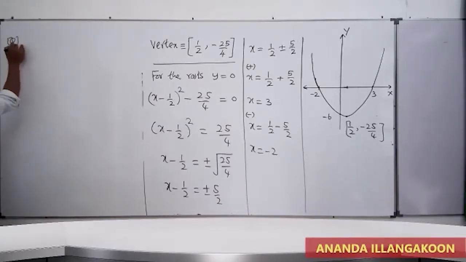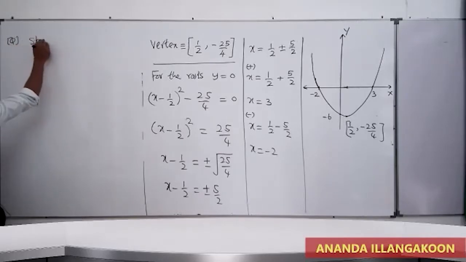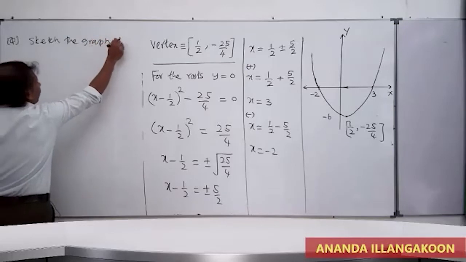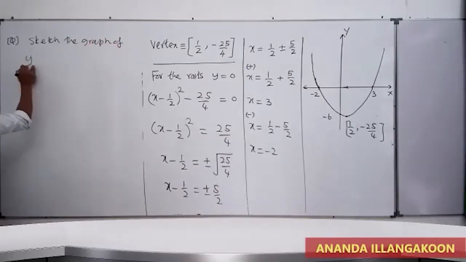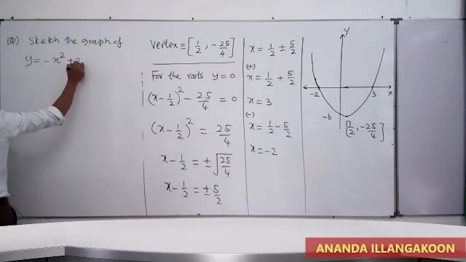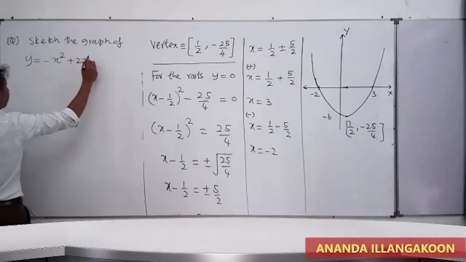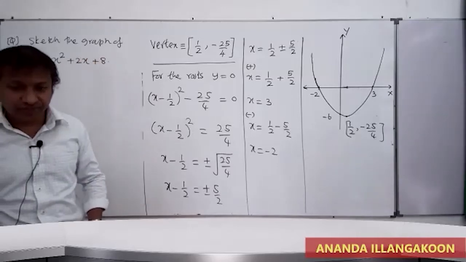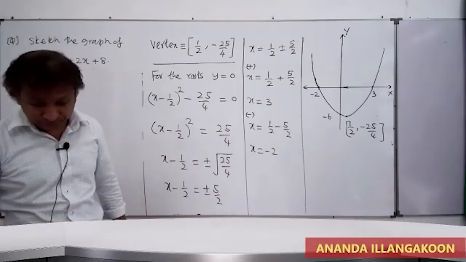Do this question. Sketch the graph of y equals minus x squared plus 2x plus 8. Use the complete the square method. Right. Take this, people. Take this.